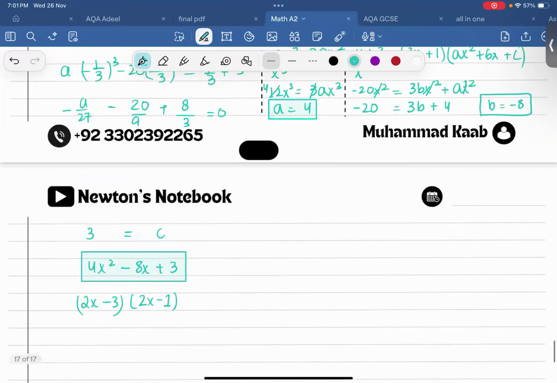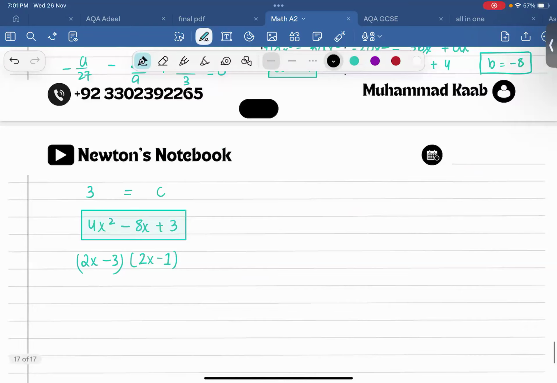If you don't like this method, then you can do it with long division.